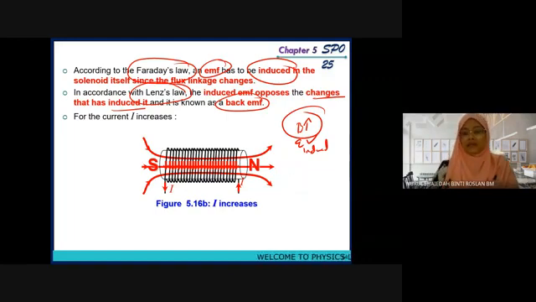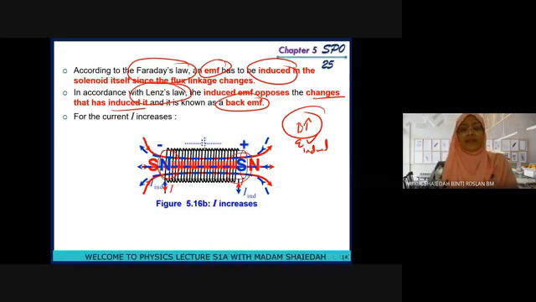Okay, so apa dia akan buat? He will make the magnetic field opposed. So dia akan buat ini south, ini jadi north. So your magnetic field adalah this one. So by using right hand grip nanti ataupun you just tengok, okay, north dekat sini. So you punya induced EMF dia naik atas macam ni.